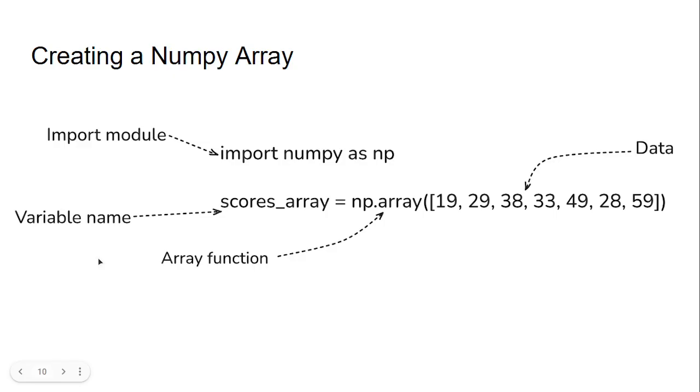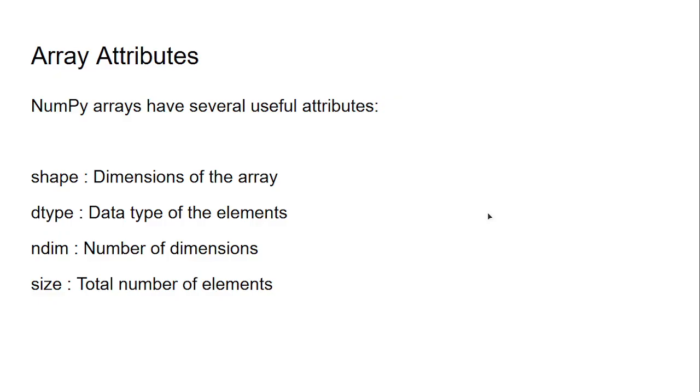When we want to create a NumPy array, we declare the import statement, importing the NumPy library as np. np is an alias, a convention that other developers and the documentation recommend. We have our variable name scores_array, np.array, which is an array function that exists in NumPy, and our data which we pass in the array.